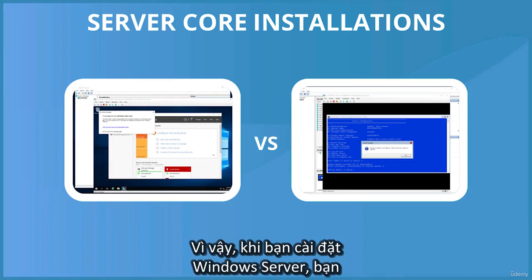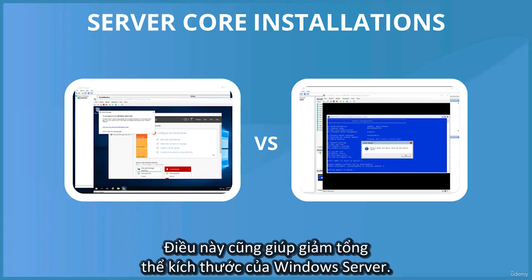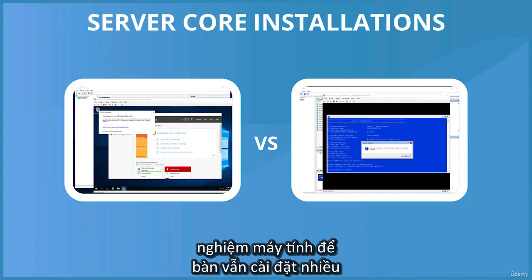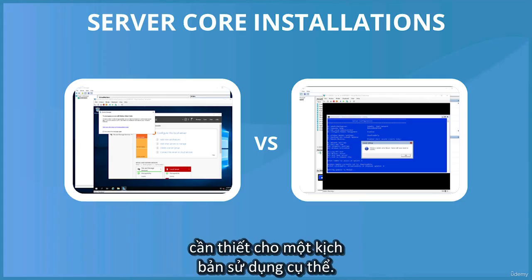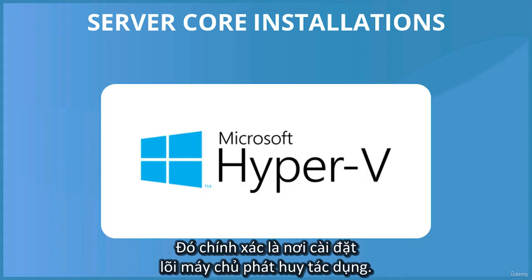So when you install Windows Server, you install only the server roles that you choose. This also helps reduce the overall footprint for Windows Server. However, the server with the desktop experience installation option still installs many services and other components that really aren't needed for a particular usage scenario. But see, that's what we're talking about. That's exactly where Server Core comes into play.